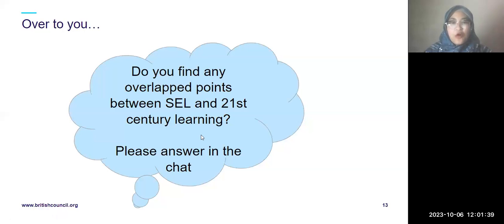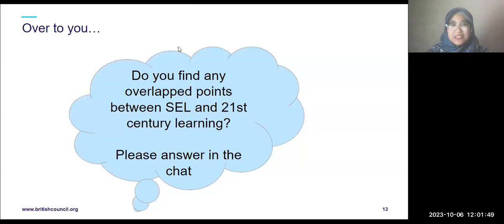Actually, there are overlapping points between SEL and 21st century learning in the context of language learning. Do you see overlapping points on values from SEL and 21st century learning skills, everyone? Communicate-based, many of you say that.